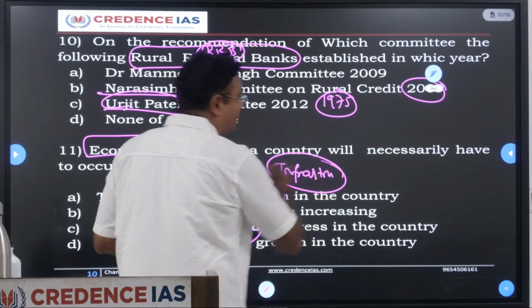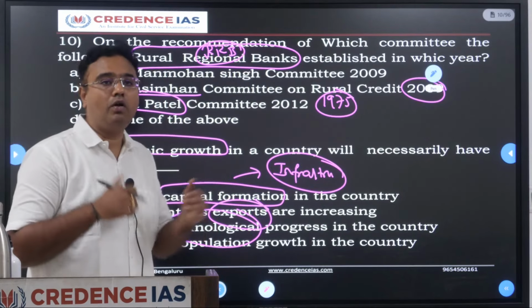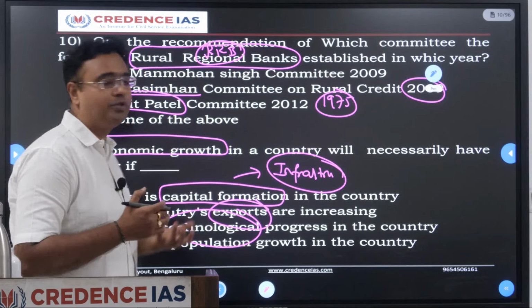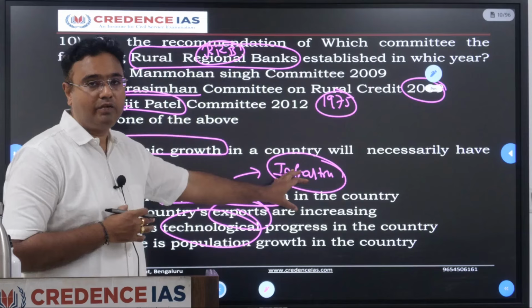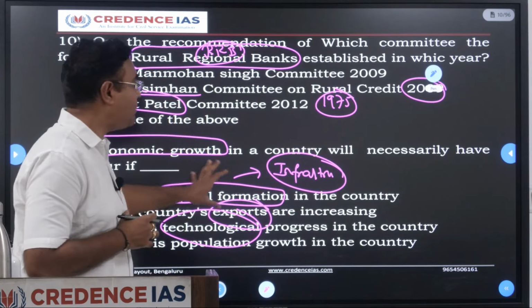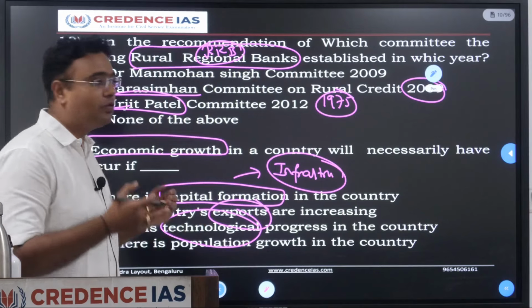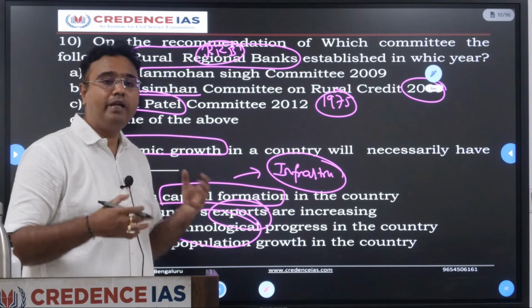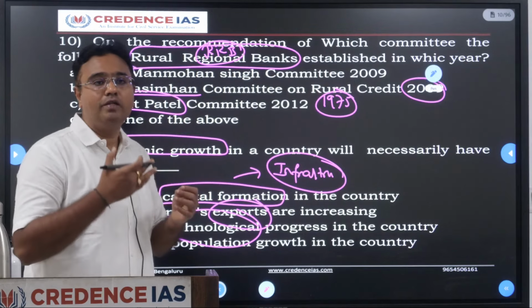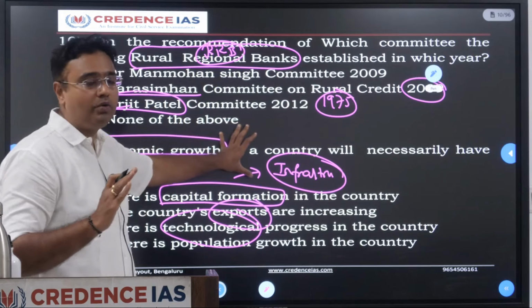When it invests in infrastructure, it will yield benefits to the country in the longer run. It's a sustainable option where the government can invest in infrastructure development. So whenever there is a capital formation, the government will help in the growth of the country, by investing in infrastructure, making various social sector schemes, and enhancing education, health and other primary, secondary and tertiary sectors, which will lead to growth in the country.